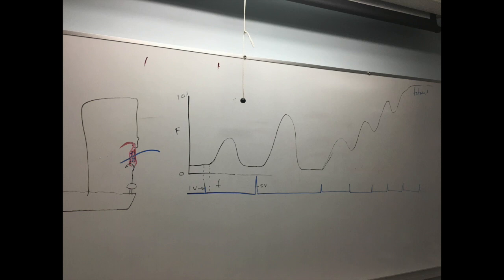The results of this are really cool, and it lends to what we're talking about today. This is a plot of force as a function of time. When the muscle's just sitting there, there's a small baseline force.